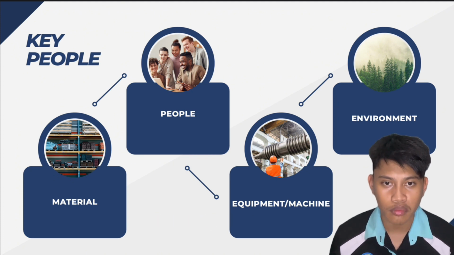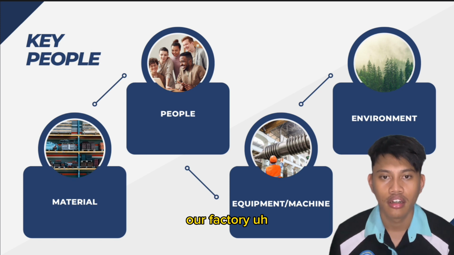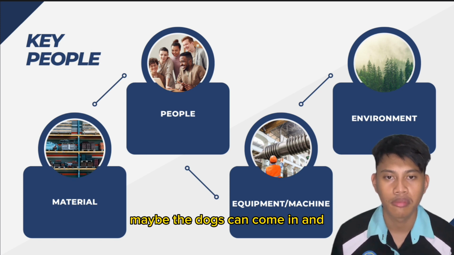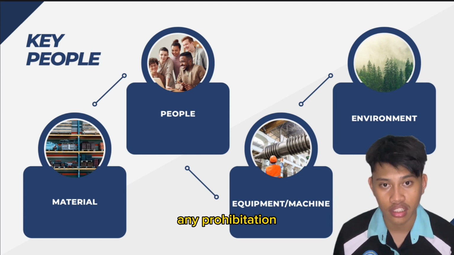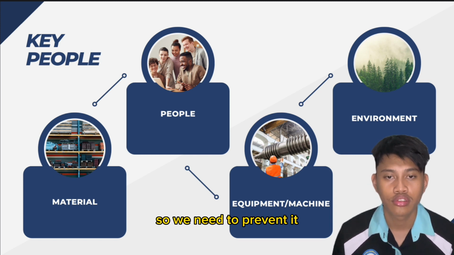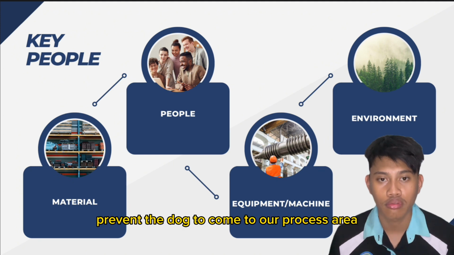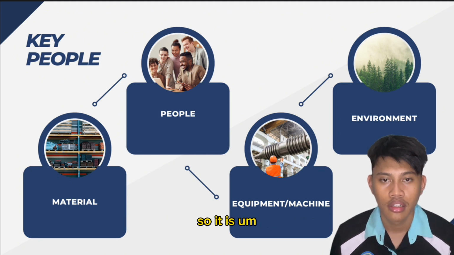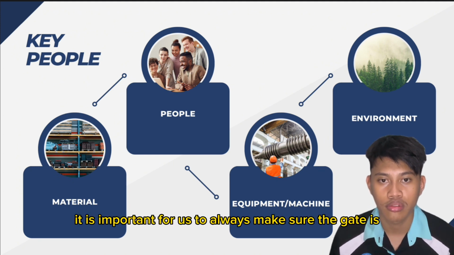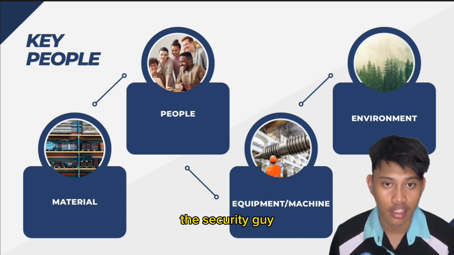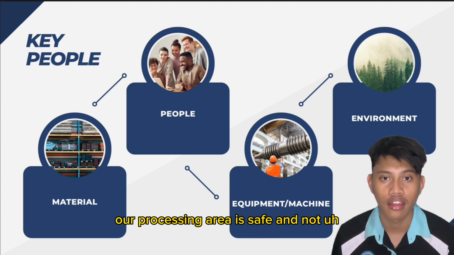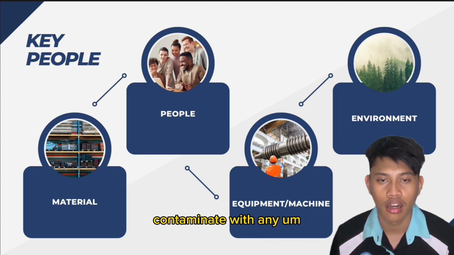If our factory is near dogs, the dogs can come in and loiter or do prohibited actions in our processing area. So we need to prevent the dogs from coming into our process area. It is important to always make sure the gate is closed, and the security guard needs to make sure our processing area is safe and not contaminated with any mughalazah item.